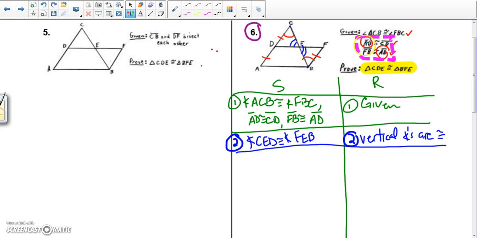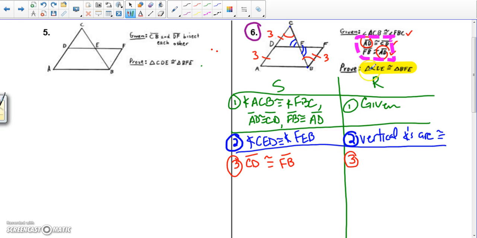Since AD is the same size as CD, we can make anything up like I always show you guys. We can call it 3 and 3. We know FB is the same as AD, so we can call FB 3 as well. That means they're all 3, all congruent to each other. So segment CD must be congruent to segment FB.